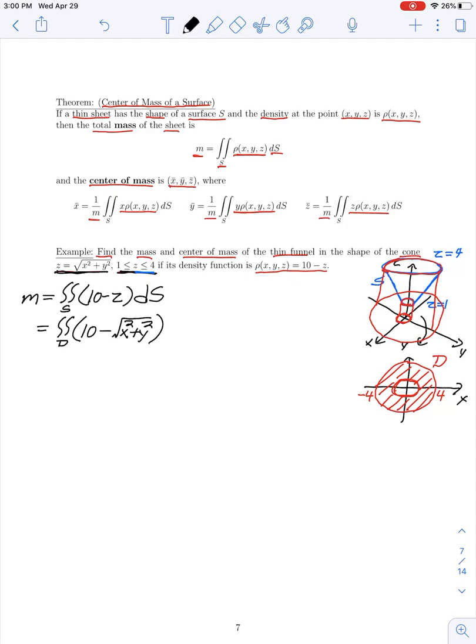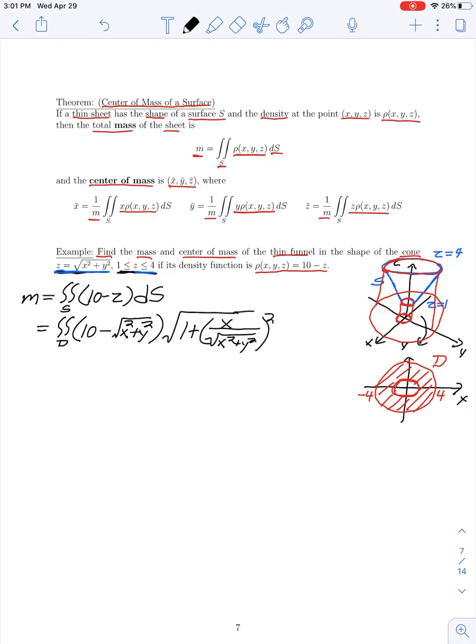And then I have to multiply by the square root of 1 plus the sum of the squares of the derivatives of that function. So here, differentiating this function, the square root of x squared plus y squared with respect to x, we have, using the chain rule, x over the square root of x squared plus y squared.